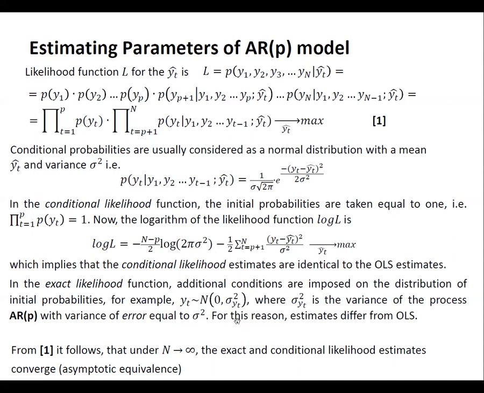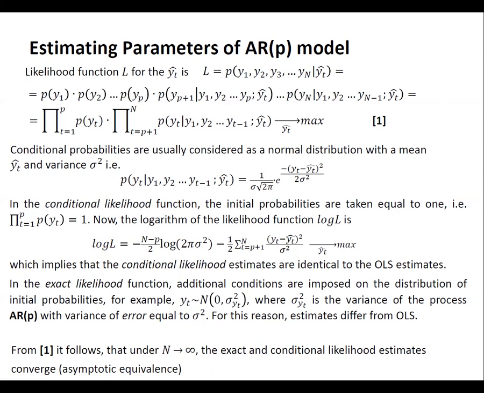And now, depending on these assumptions, the estimates may already differ from the method of least squares. It follows from this equation that as the number of observations tends to infinity, the exact and conditional likelihood estimates converge.